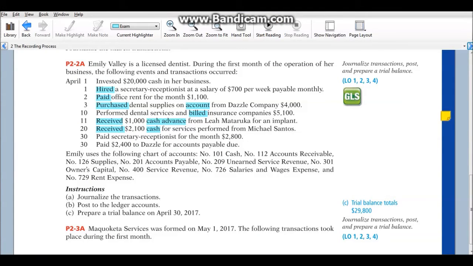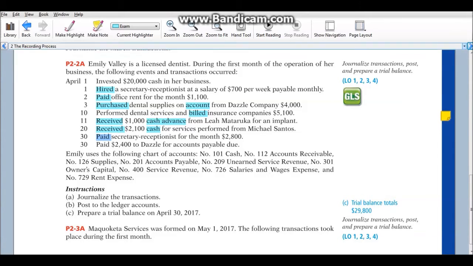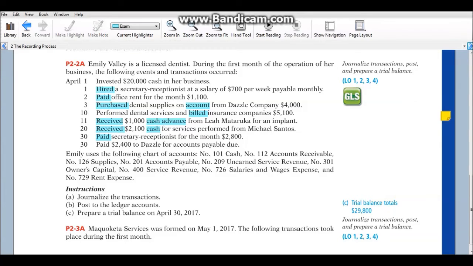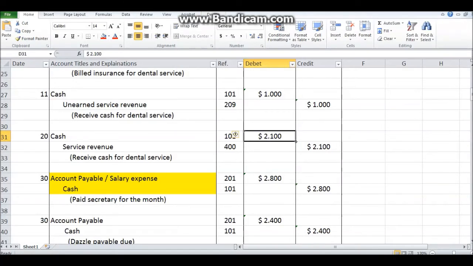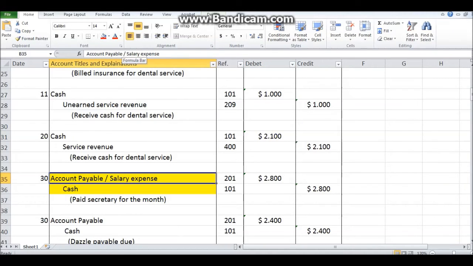Now this transaction on the 30th of April, the company is making a salary payment for the person who has been working since the 1st of April. They paid 2,800. Okay, so it means that it goes directly to salary expense against cash for $2,800.